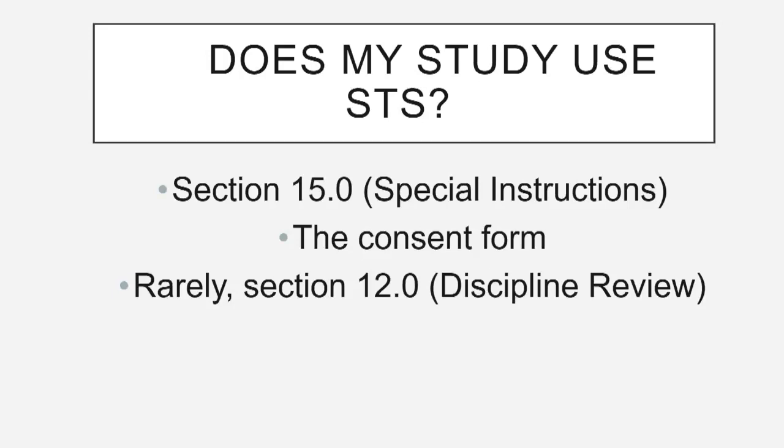If specimens are collected for the study, the consent will indicate that. It'll also let you know if specimen submission is mandatory or optional. And then lastly is section 12, which is a rare section for protocols that are not FDA registration trials. But if the protocol has this section, then it'll tell you when and how to submit those specimens.